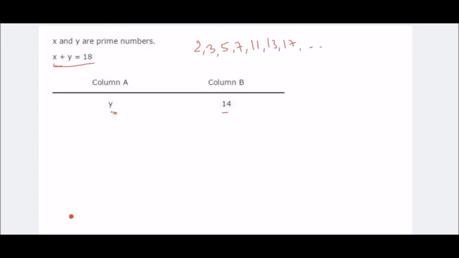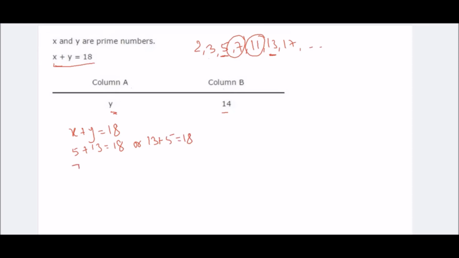So from this equation x plus y is equal to 18, right? The possibilities of values that make the summation of 18 are 5 plus 13 and another is 7 plus 11. So one is 5 plus 13, that will become 18, or 13 plus 5 is equal to 18.